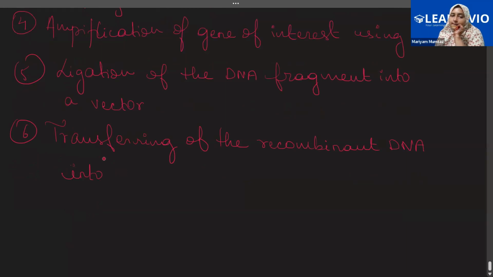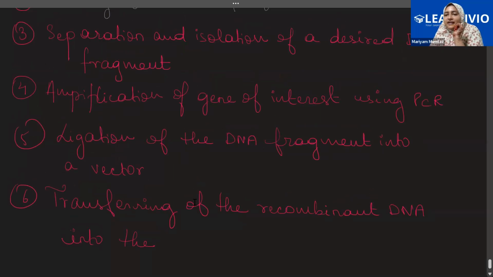Then the transferring of the recombinant DNA into the vector? No, we have used the vector.